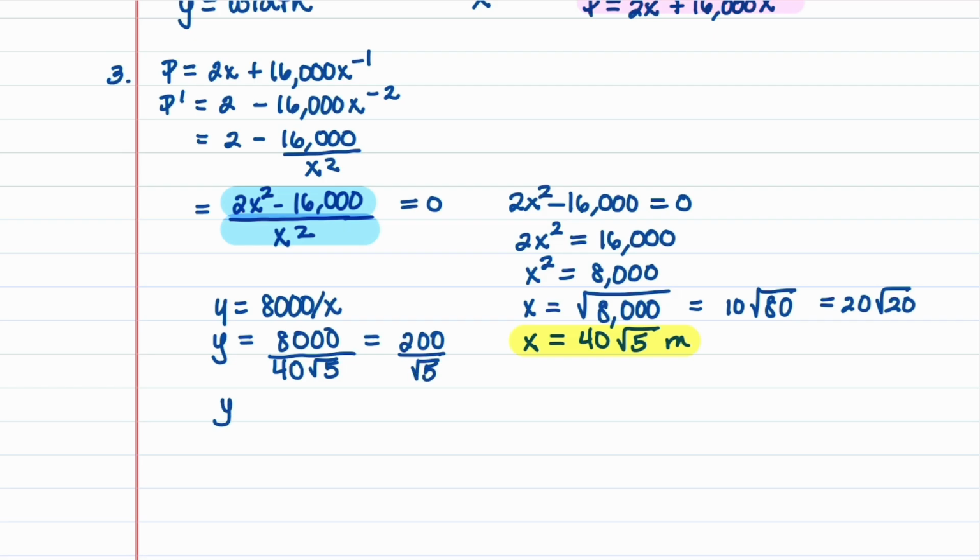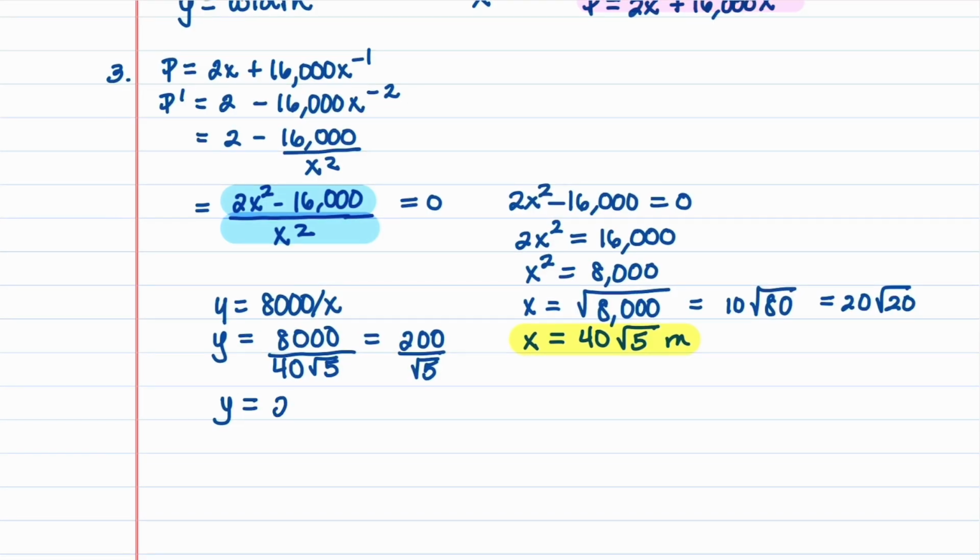And now let's get rid of the root 5 from the denominator. So we're going to multiply by root 5 and divide by root 5. So we're going to get a 5 in the denominator. 5 goes into 200, so we end up, let me erase our equal sign here and put an arrow, with y is equal to 40 root 5 meters.